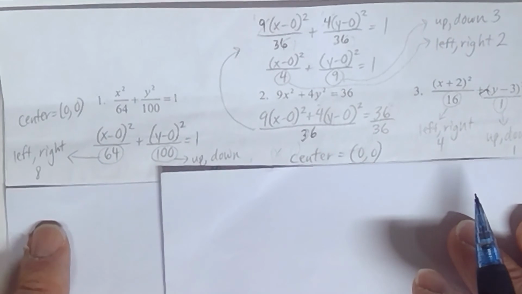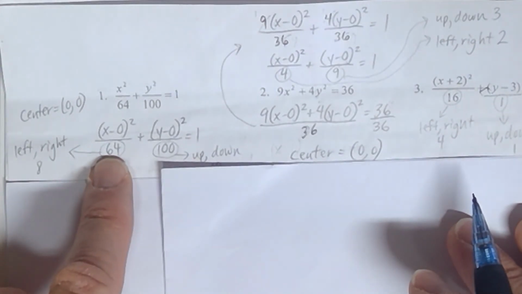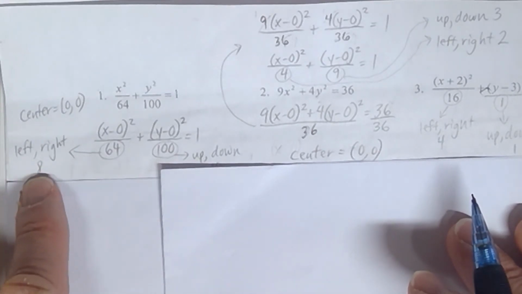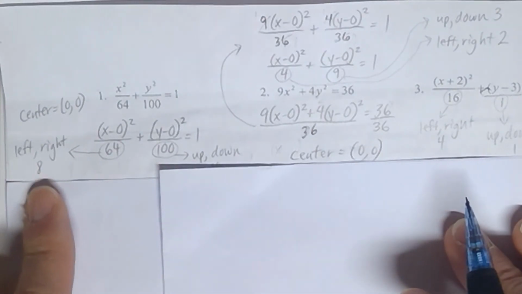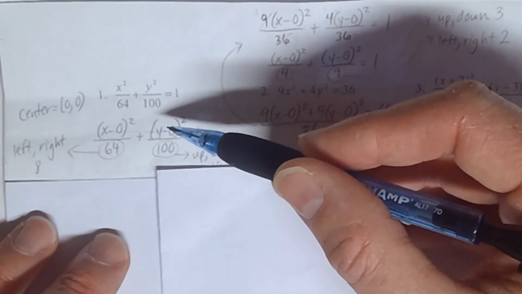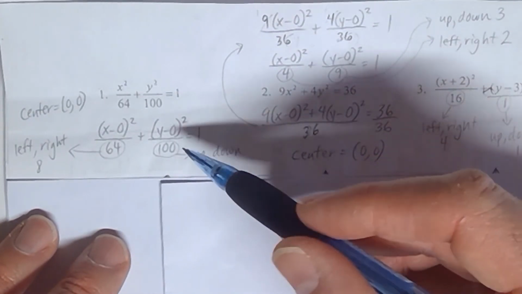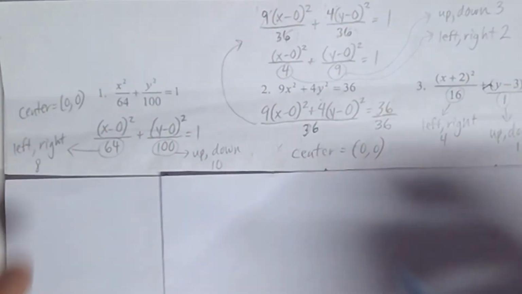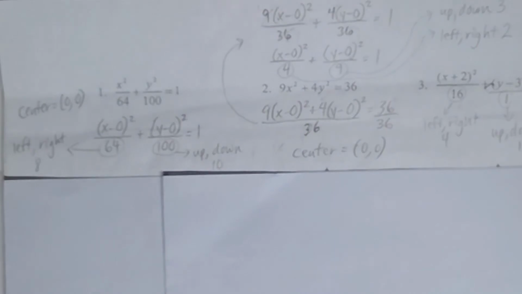The number underneath x is 64, so we're going to go left and right the square root of 64, which is 8. Left and right because it's with the x. Y means up and down, so we're going to go up and down 10 because that's the square root of 100.